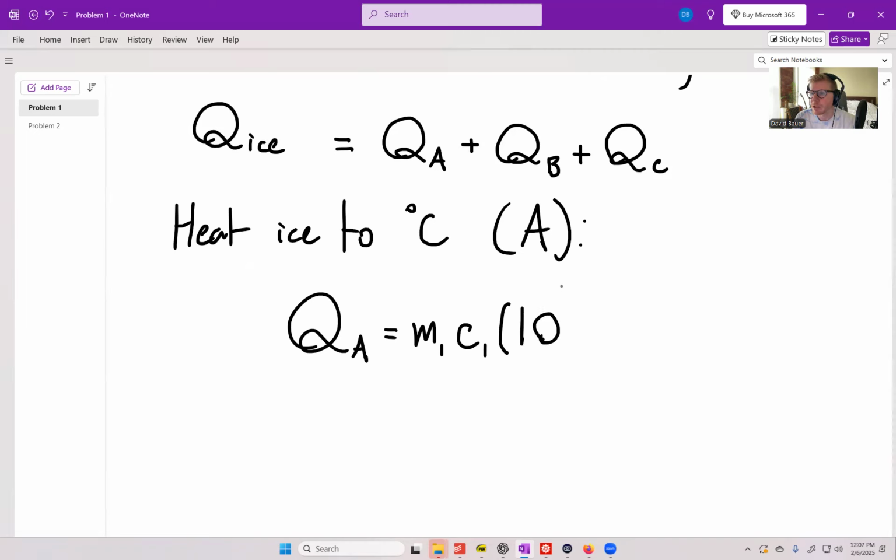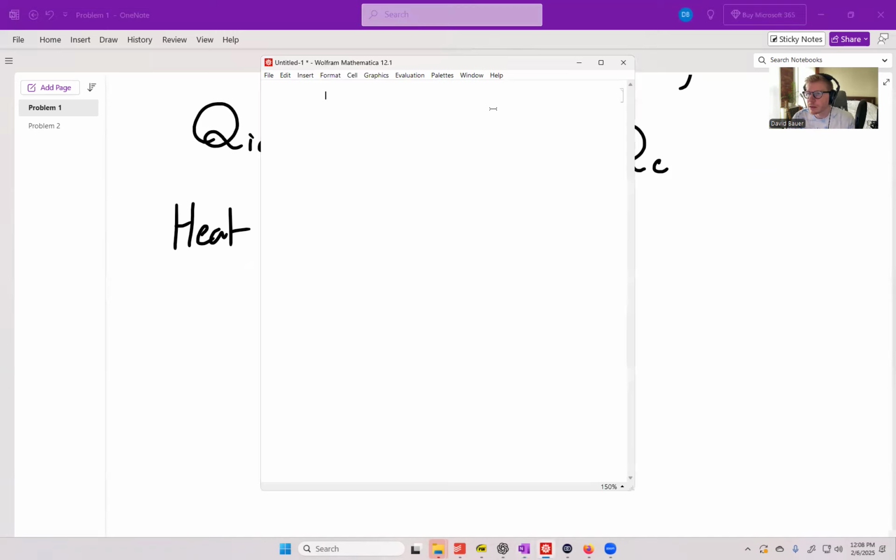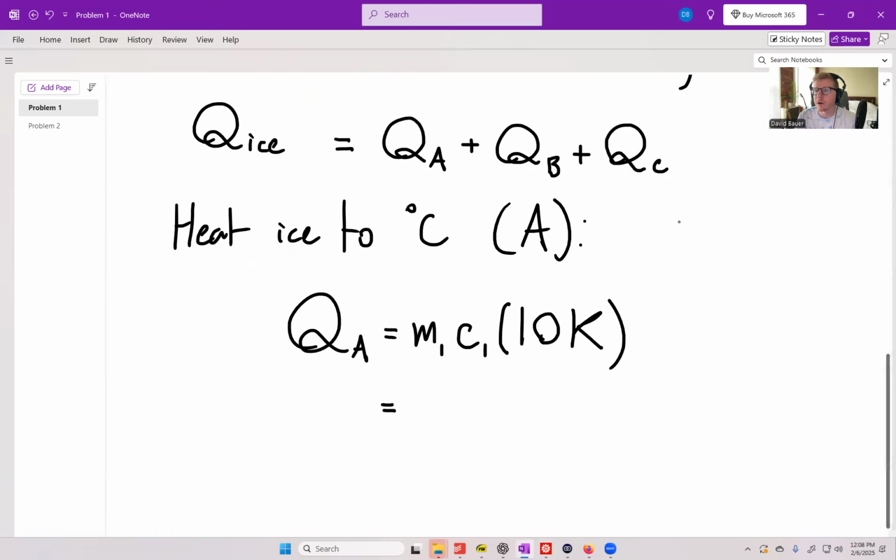So that's going to be a temperature difference of 10 Celsius or 10 Kelvin. Remember, temperature differences are the same in Celsius and in Kelvin. Okay, so we could go ahead and just calculate that right now. Remember, our mass was 5, our specific heat is 2.1, and then temperature of 10, so we get a heat of 105 joules for that step of this process.